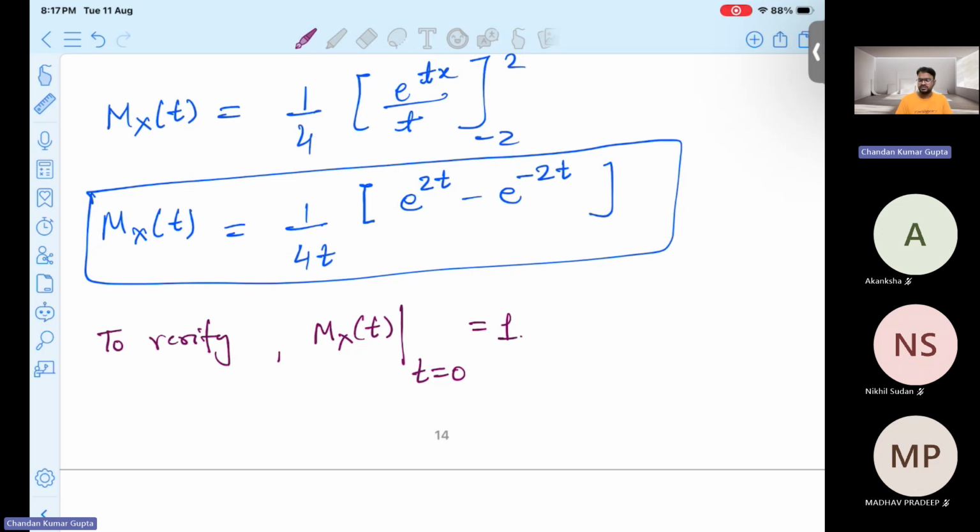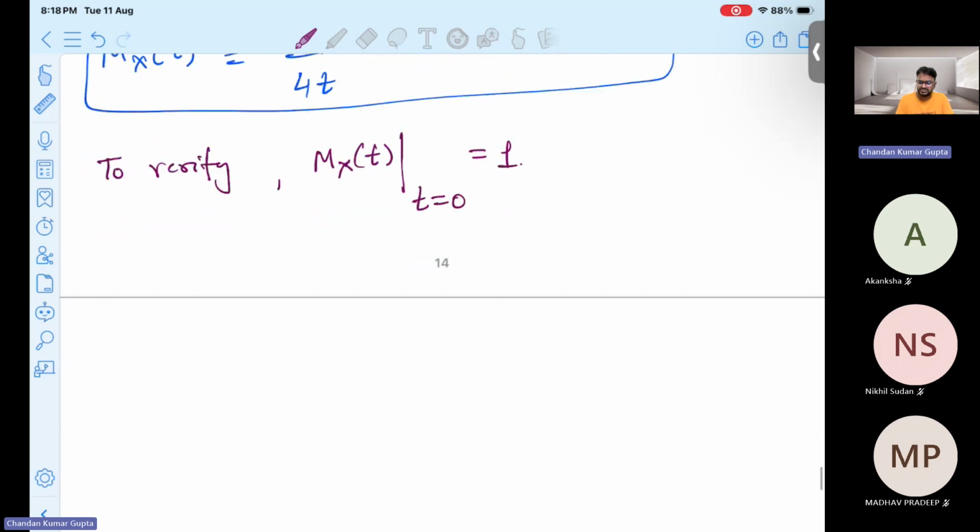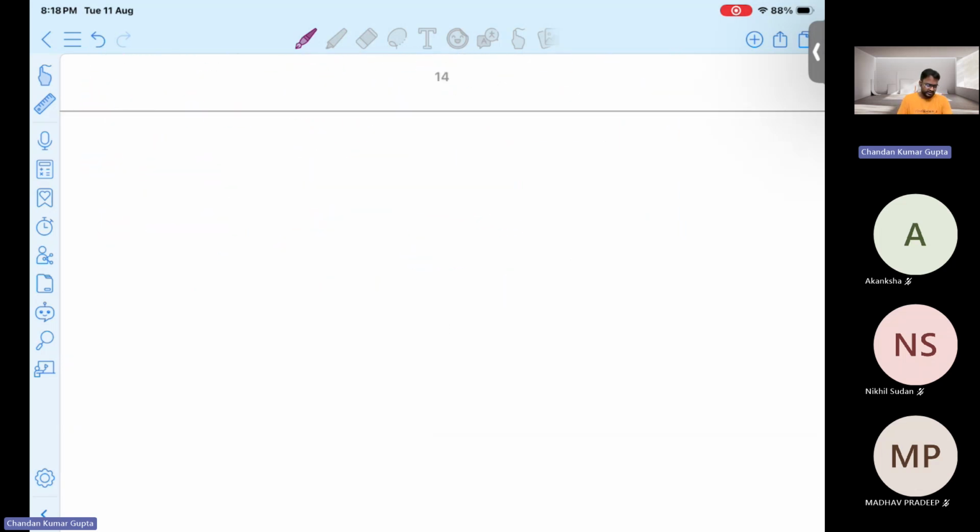In examination especially, make sure that you have calculated correctly and there is no calculation error. If you put t equal to 0, you will find 0 by 0, that is indeterminate. So you need to use the L'Hospital rule, and then you will find the limit as t tends to 0 comes out to be 1. I'm not going to verify this. This is true actually.